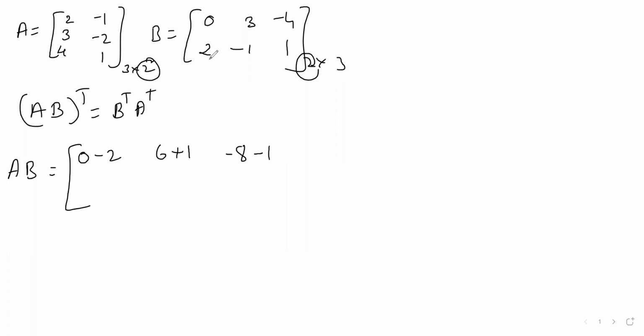Then 3 minus 2 will multiply here, so it will become minus 4. 9 plus 2, minus 12, minus 2. This will be 0 plus 2. 12 minus 1, minus 16 plus 1.